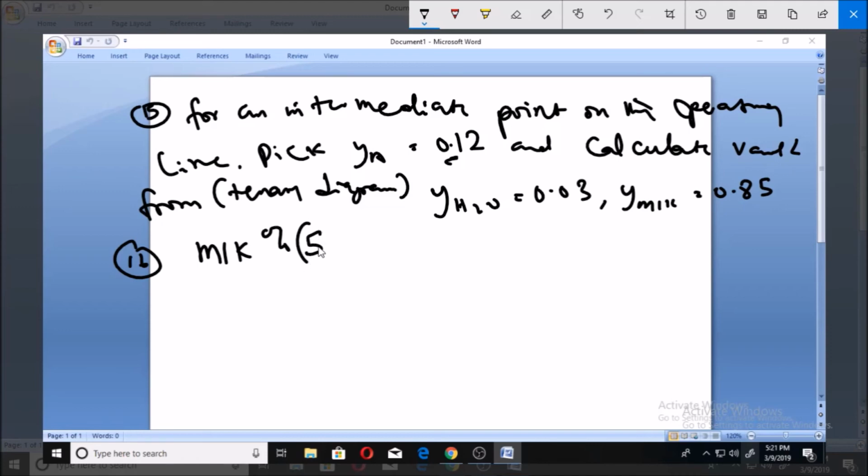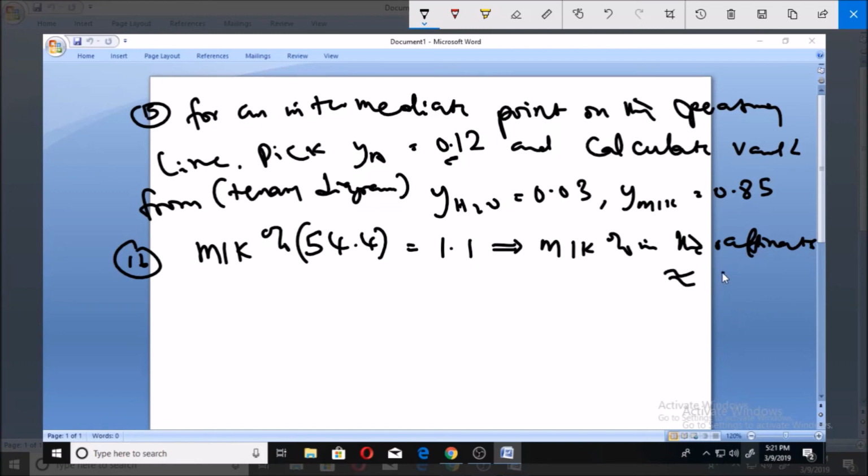We know 54.4 times 1.1, which is actually the MIK percentage in the raffinate, is approximately 2.02%.